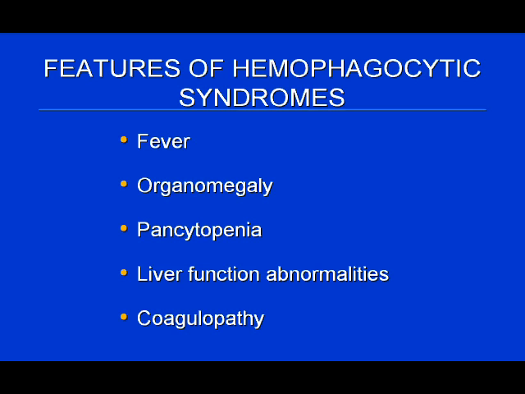They have organomegaly, especially splenomegaly and hepatomegaly. Pancytopenia, sometimes very severe. Liver function abnormalities with sky-high liver enzymes in some cases, and a coagulopathy in which they become hypofibrinogenic and actually show manifestations similar to a disseminated intravascular coagulation.